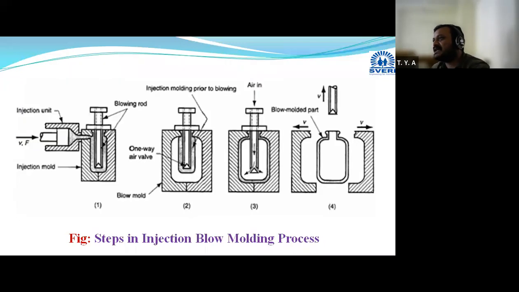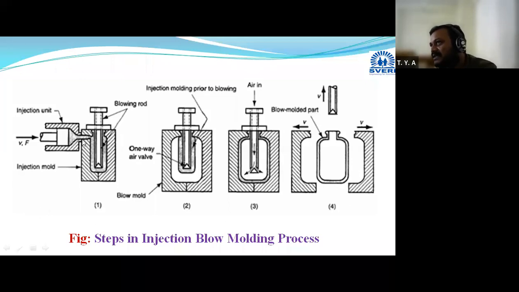Now, next is the injection blow molding process. Here, for preparation of this Parison, the injection molding process is used. Whichever setup we have used in the injection molding process, that setup will be there, and we are manufacturing the Parison or preform there.